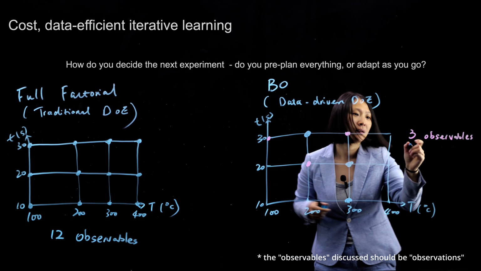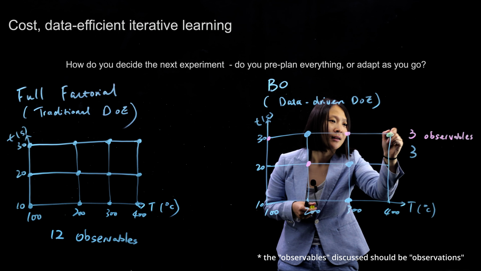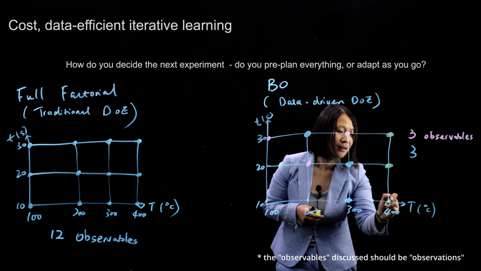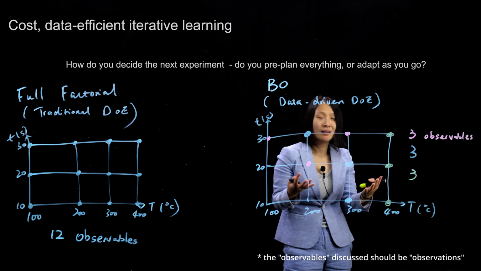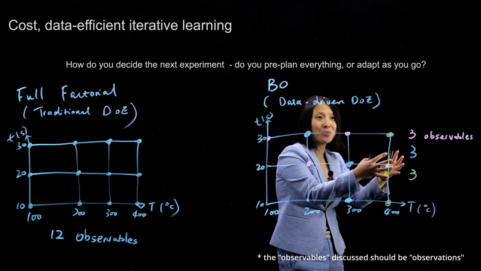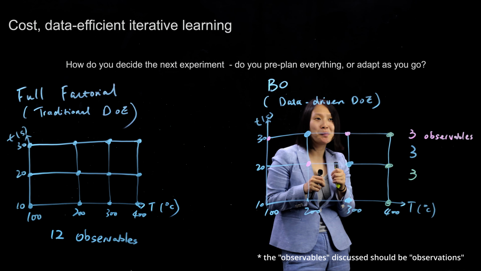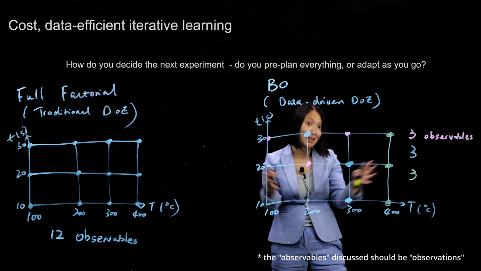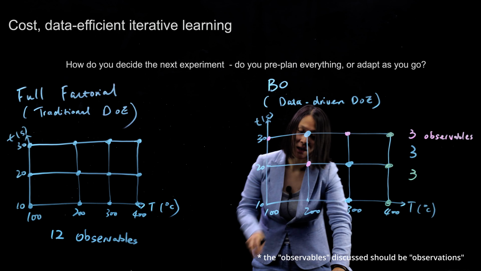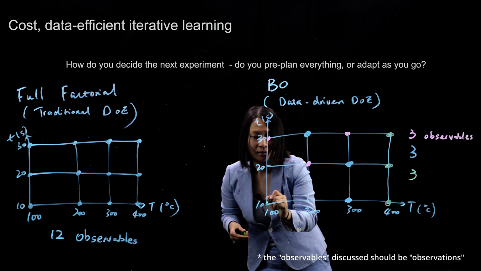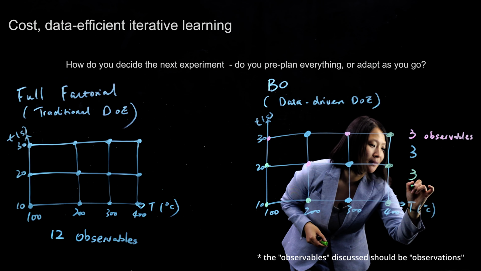So there'll be another 3. And we go from there. And another 3. At this point, maybe from these 9 observables, we already have a good understanding of where the maximum and minimum points are within this parameter space, and we can stop there. Or if not, we'll continue, and then we collect the rest of the points.